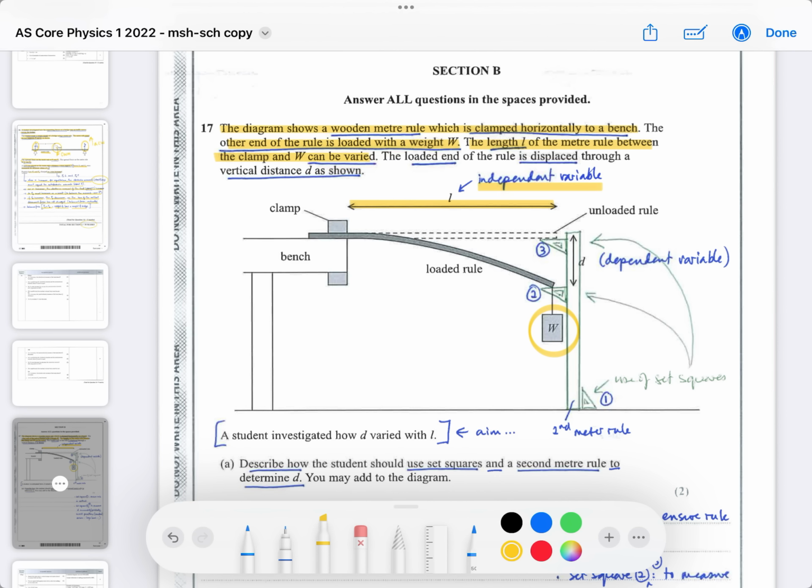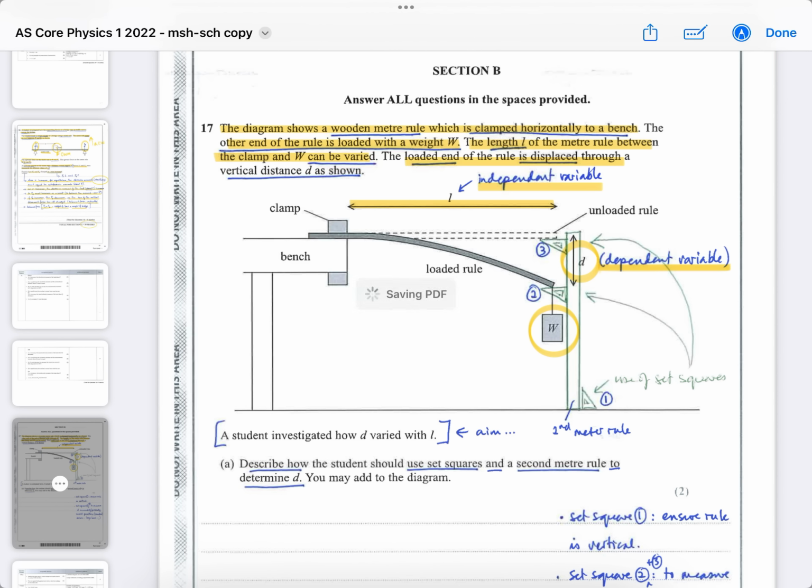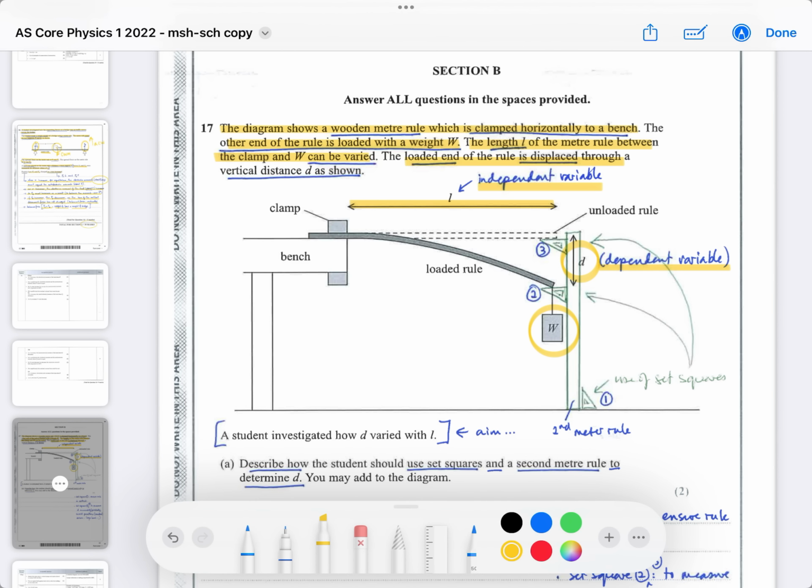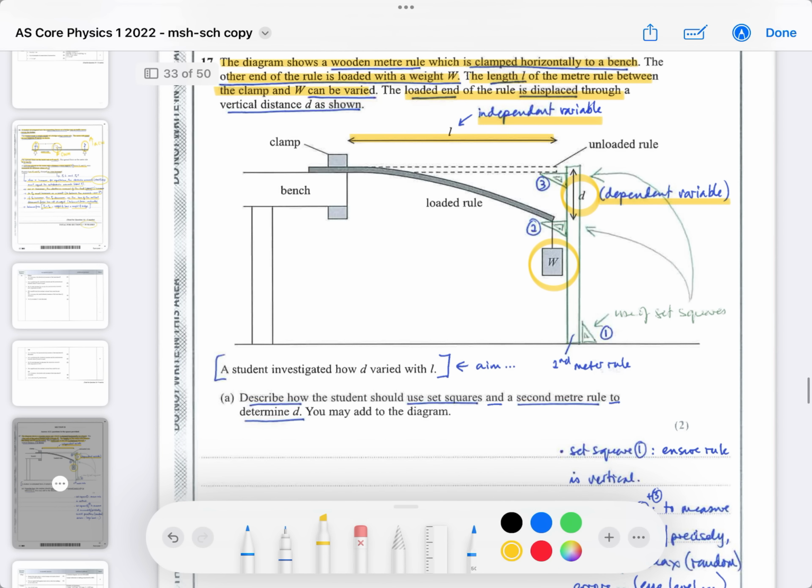The loaded end of the ruler is then displaced through a distance D. So this D depends on the length L. So you change L and the weight will have a bigger impact. They're keeping W constant. I've drawn my ruler upwards so I can measure things accurately. See the way I've drawn my ruler? That's how I want you to draw it when you're doing your exam technique.